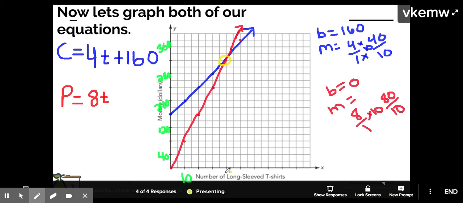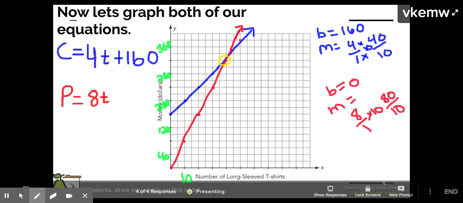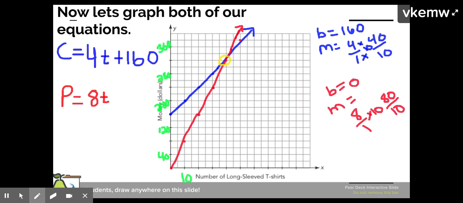At 40 shirts, my cost and my profit are exactly the same. Okay, so now I know that once I sell 41 shirts, we're starting to make money. We're starting to make profit.